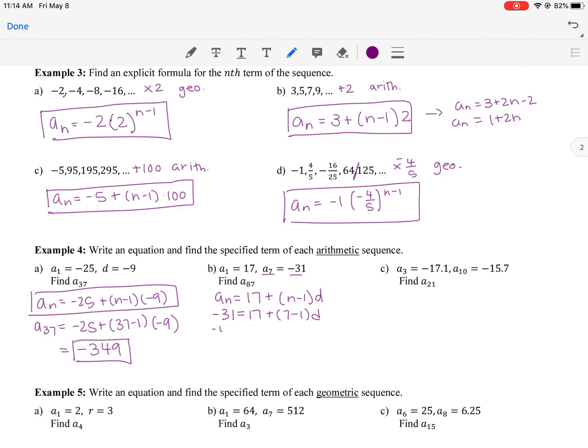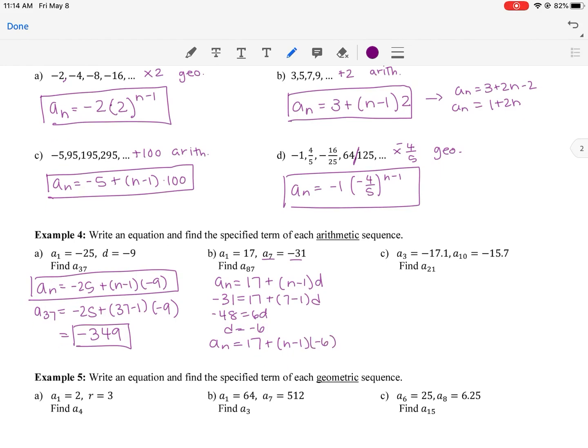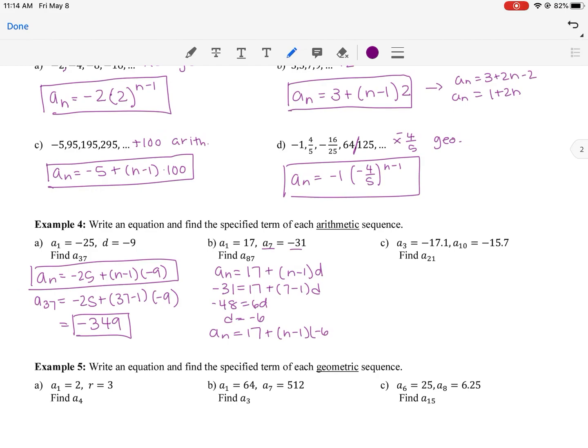If I subtract 17 from both sides, I get -31 minus 17 is -48 equals 6d, so your difference is a -6. So the equation then is just 17 plus n minus 1 times the -6. I definitely lied, -8 there, right? -48 divided by 6 is a -8, my bad. Okay, a sub n equals 17 plus n minus 1 times a -8.